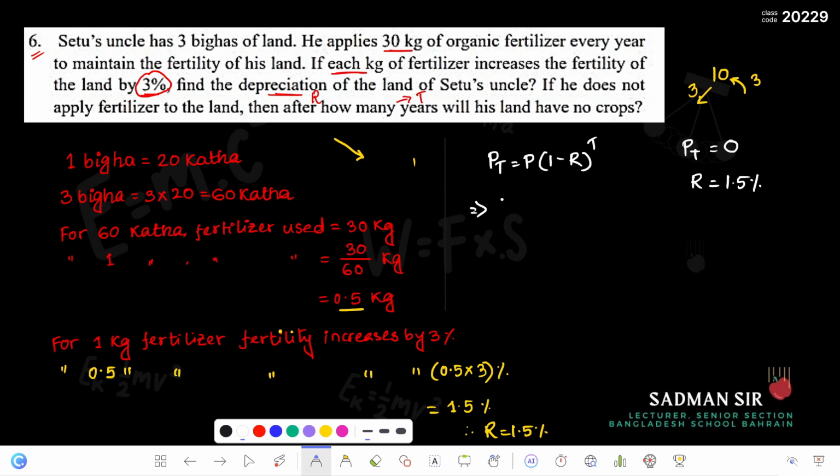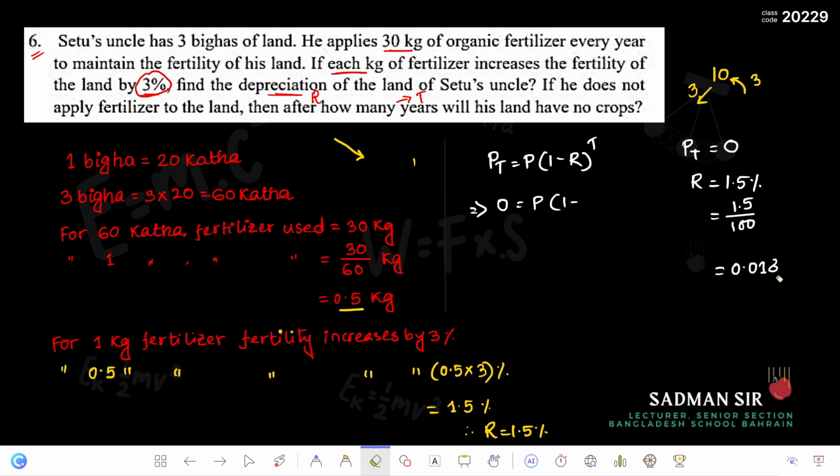Pt will be 0, so 0 equals P into (1 minus 1.5%), we have to take it to the decimal part, 0.015, all to the power t. Now this 0 is here, this P is multiplied, so if you bring it to this side it will be divided.